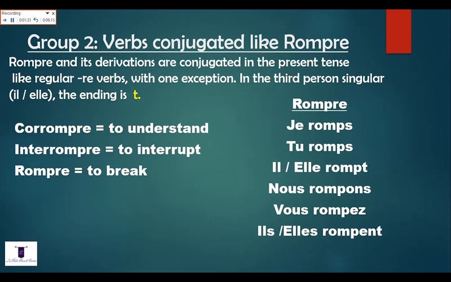But here you can see T at the end of the verb. So this is the only difference between this group and group 1. There is a T at the end of the third person singular.